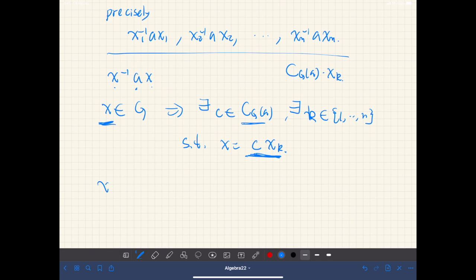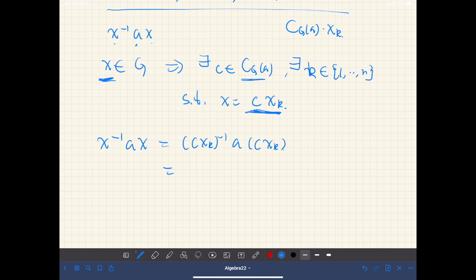So any conjugate of A can be expressed as (c xk) inverse A (c xk). But the inverse of a product is this, and since c is an element of the centralizer, this is equal to xk inverse A xk.